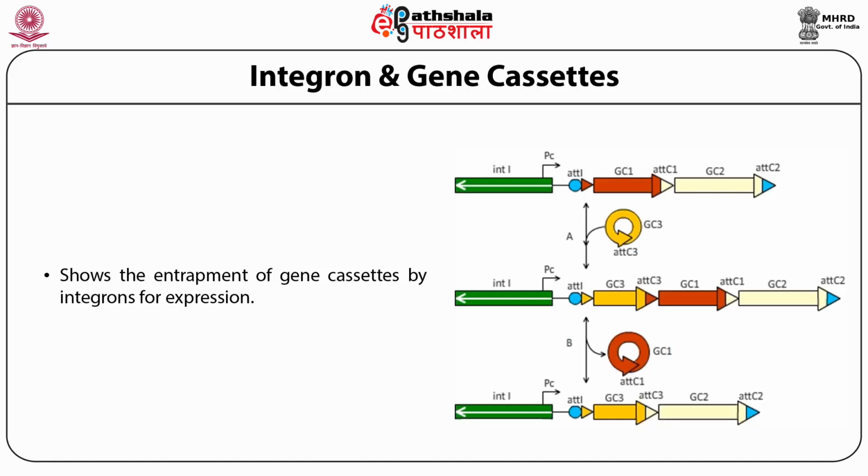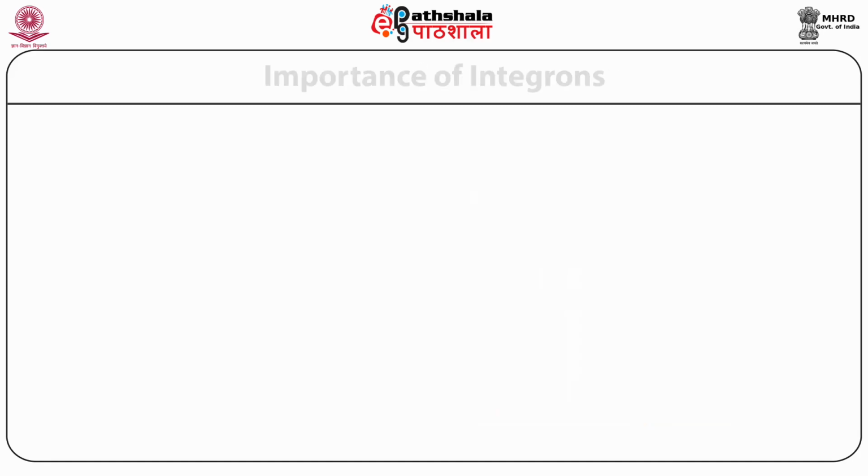More than 70 different resistance cassettes have been described, and they confer resistance to a number of antibiotics and antibacterials, and therefore pose a lot of problems in the treatment of medical diseases.